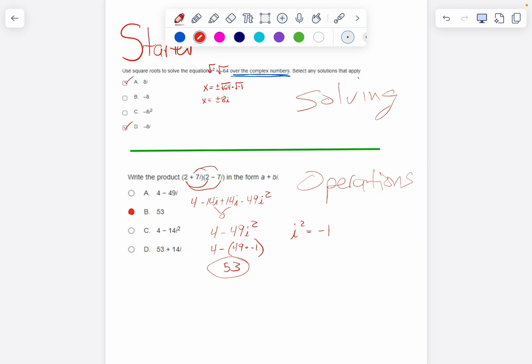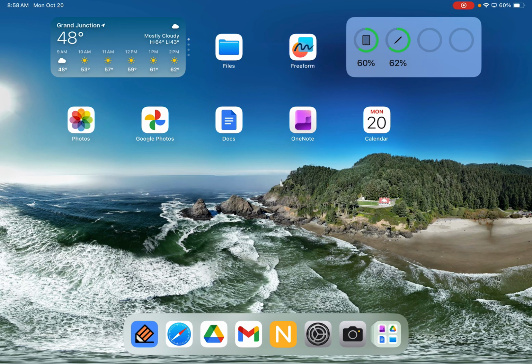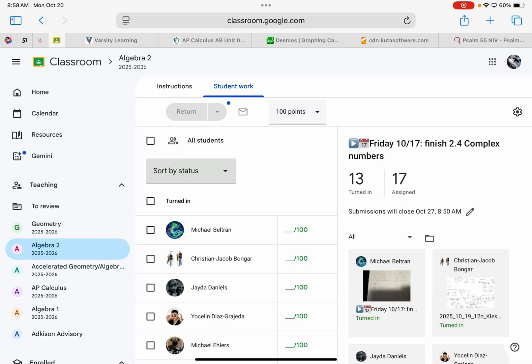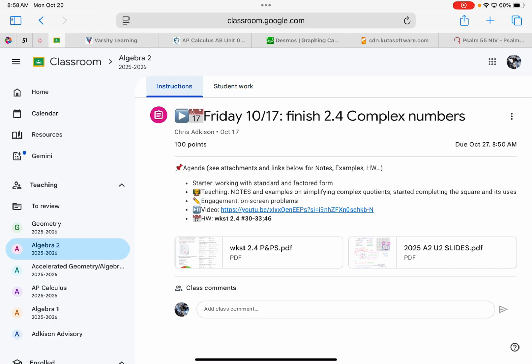Let's check that homework. So pull it out, we'll go over those answers. All right, started on 30, so 6 plus 6i. 31 is 3/4 minus 1/4 i. 32, 4 minus 2i. 33, negative 4/5 minus 8/5 i.